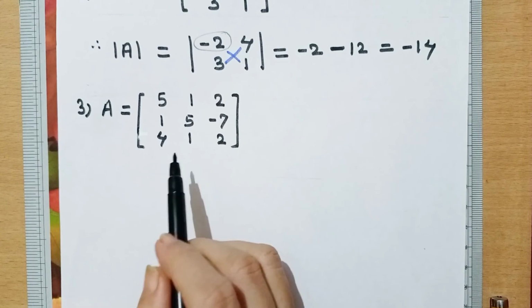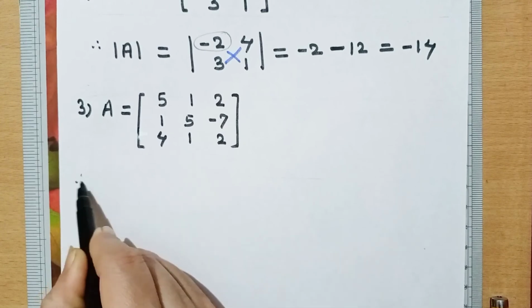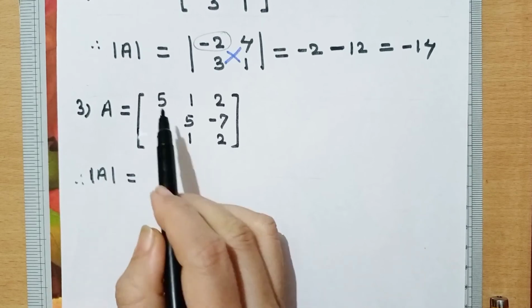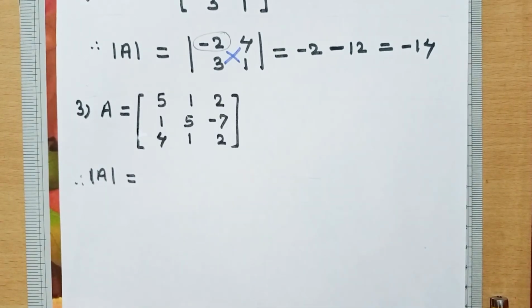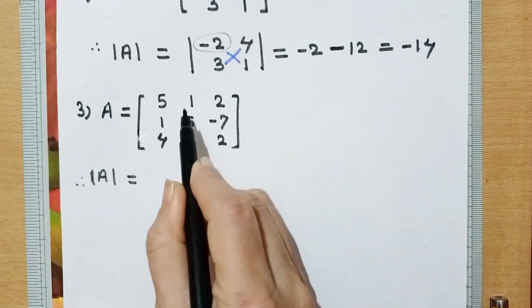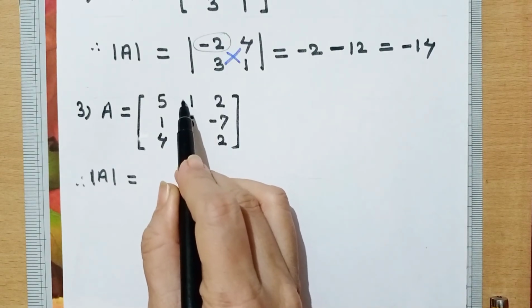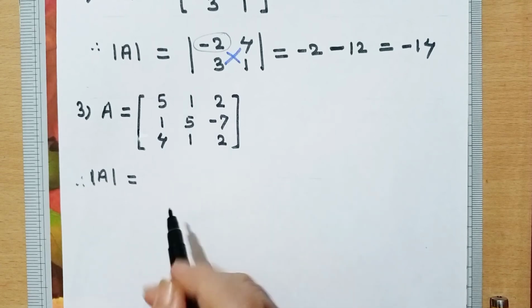Now let's take this 3 by 3 matrix, and therefore the determinant of A is equal to, now you have to write these three numbers as they are, but you have to change the sign of the middle number. If there is plus, then you have to write minus here.